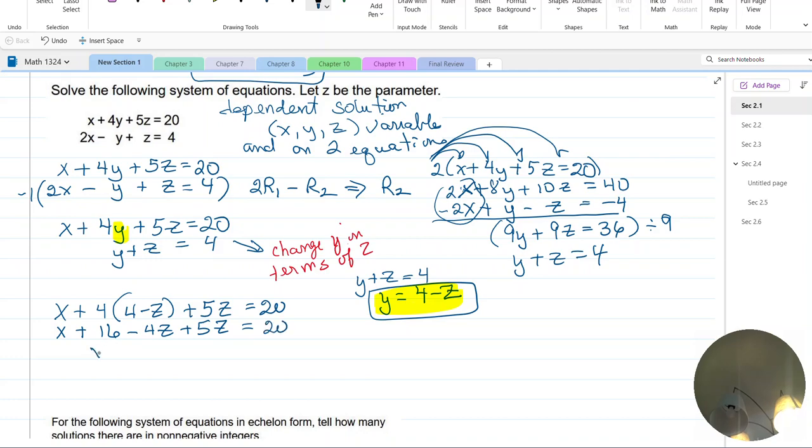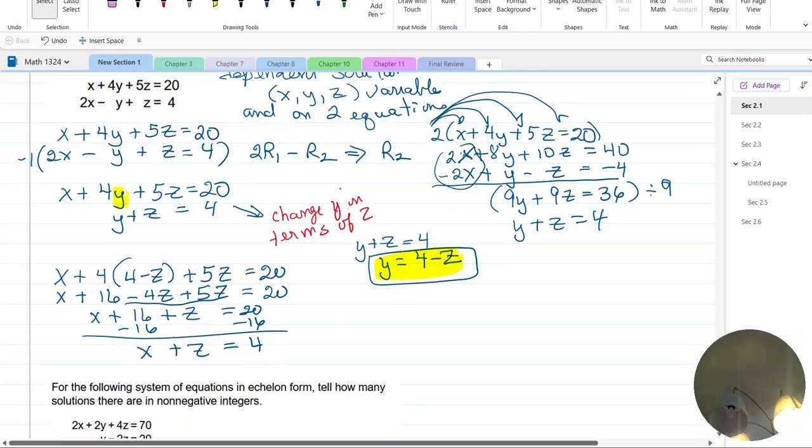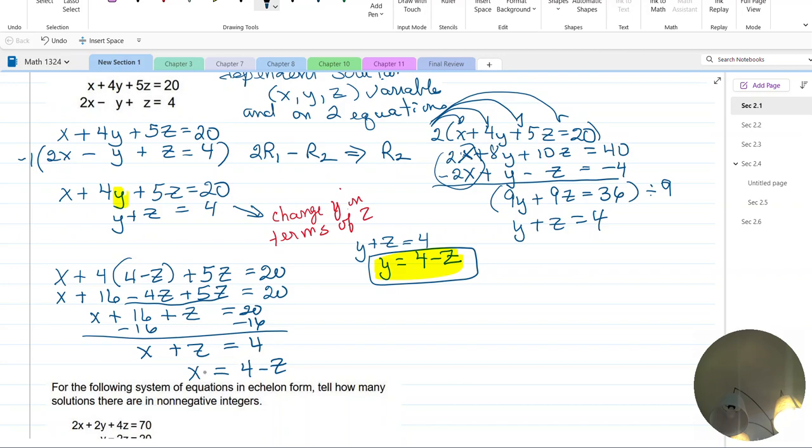Find like terms. Subtract the 16. I'm going to subtract the z. And I have the same thing. So for the x.